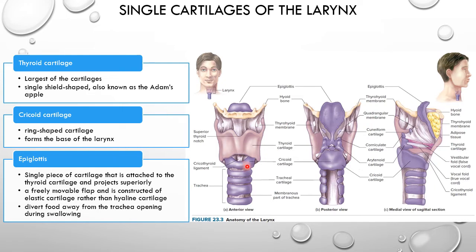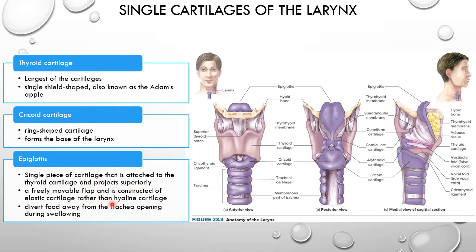Then you have an epiglottis. Okay, this part here, parang flap, no? Kita mo ba yun? This is looking anteriorly. Then if you are posterior, no? Ito itsura niya. Okay? So, yung epiglottis mo, this is a single piece of cartilage that is attached to your thyroid cartilage, and it projects superiorly. It's a freely movable flap, no?